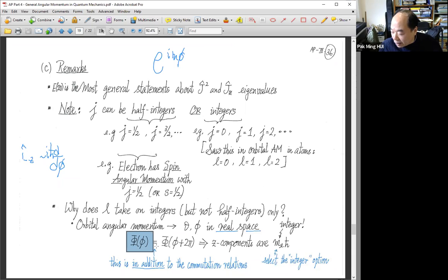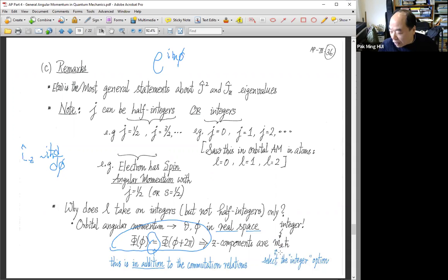With this additional requirement, this m value can only take on integer. Therefore, this particular additional requirement, single valuedness, okay, bans the other possibility of half integer.